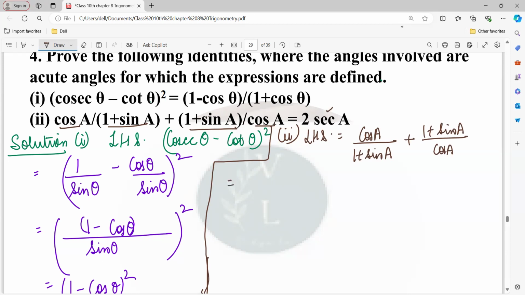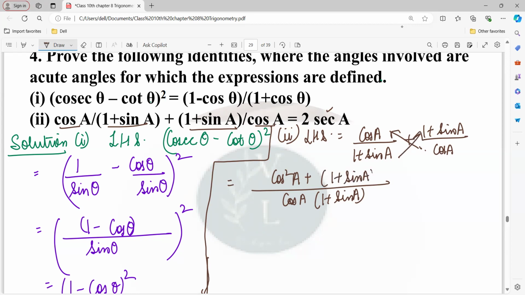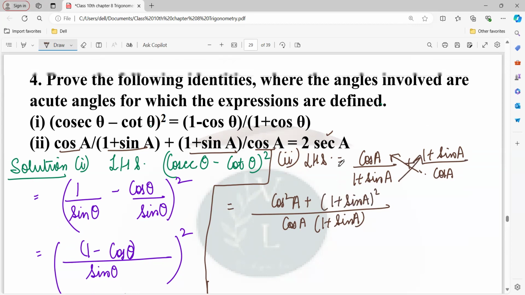So let's add the two fractions. In the denominator, we'll get cos A into 1 plus sin A. And in the numerator, we'll get cos A into cos A, which is cos square A, plus 1 plus sin A into 1 plus sin A, which will be 1 plus sin A whole square, right?